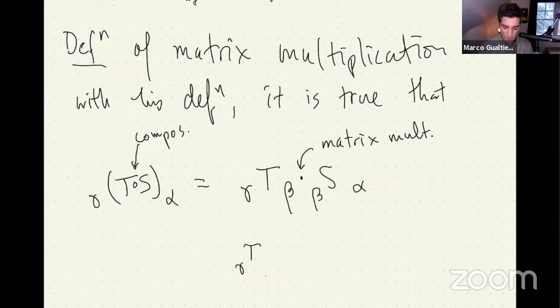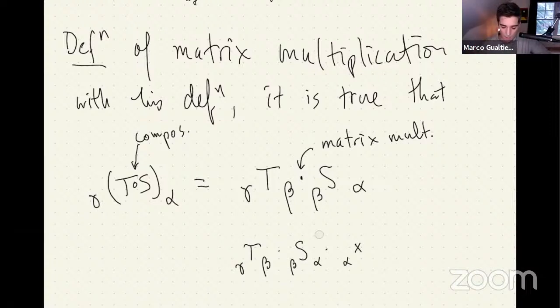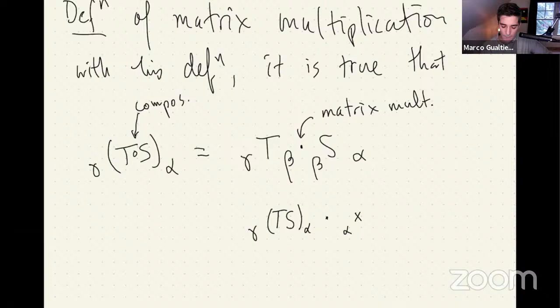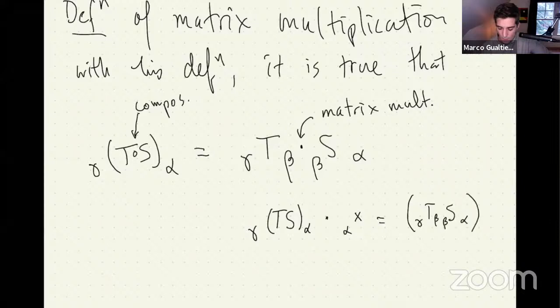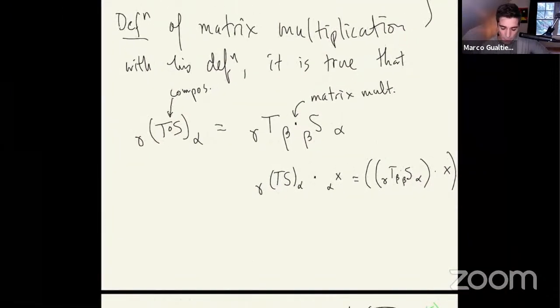What you're asking is this: if I take TS and apply it to the column vector X, this would be the same thing as, so this is matrix multiplication inside there.